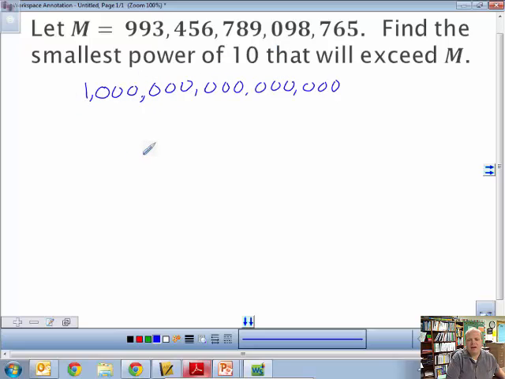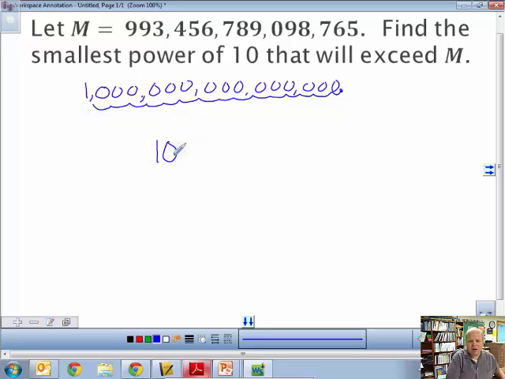Alright, now this number is larger than this, but I need to write this in the power of 10. So I'm going to have 10 as my base. Okay, and I'm going to come back and look. Here's my decimal. I'm going to go 1, 2, 3, 4, 5, 6, 7, 8, 9, 10, 11, 12, 13, 14, 15.